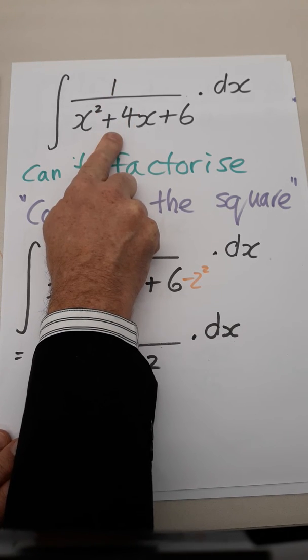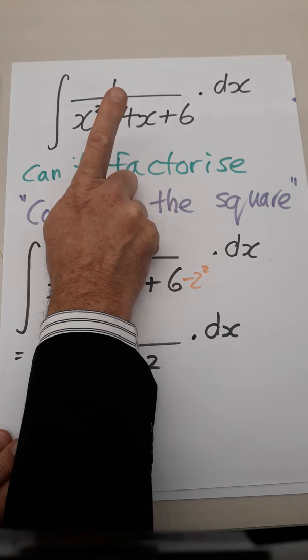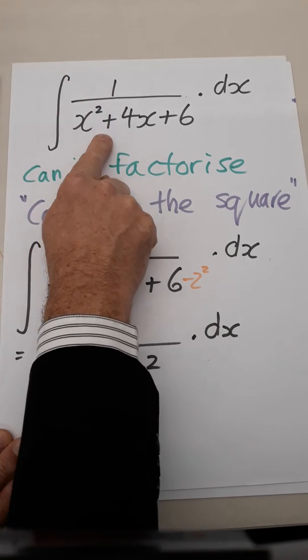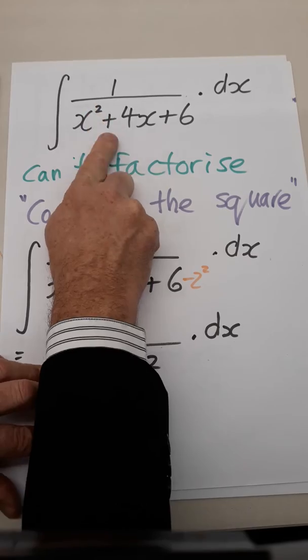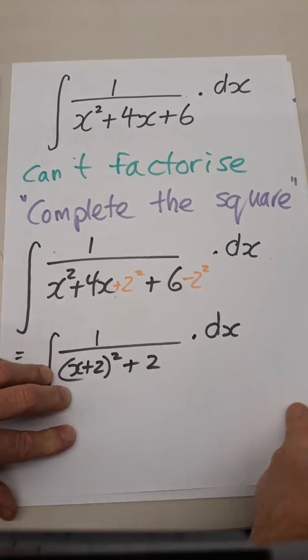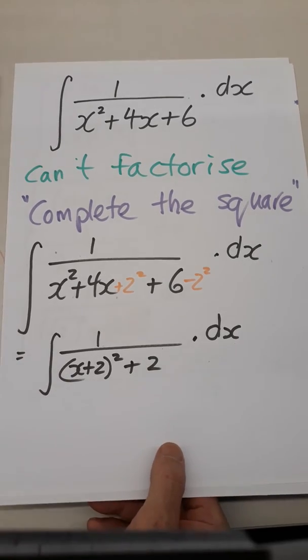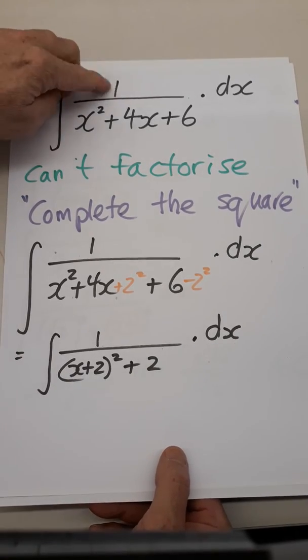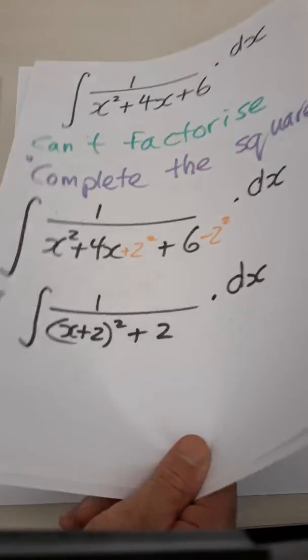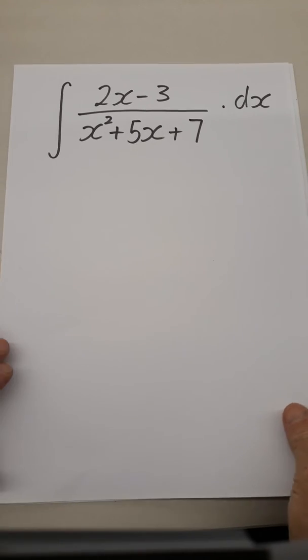It wasn't a perfect square. The numerator was not the derivative of the denominator. It couldn't be factorised. So I completed the square and, happy days, I ended up with an inverse tan. Now clearly there's just a constant on the top here too. All right.